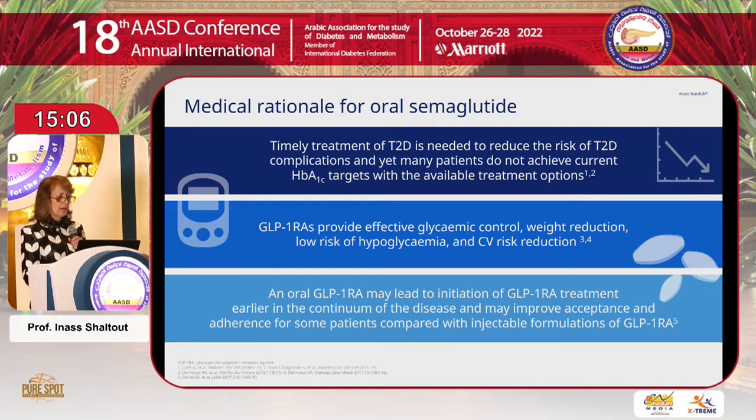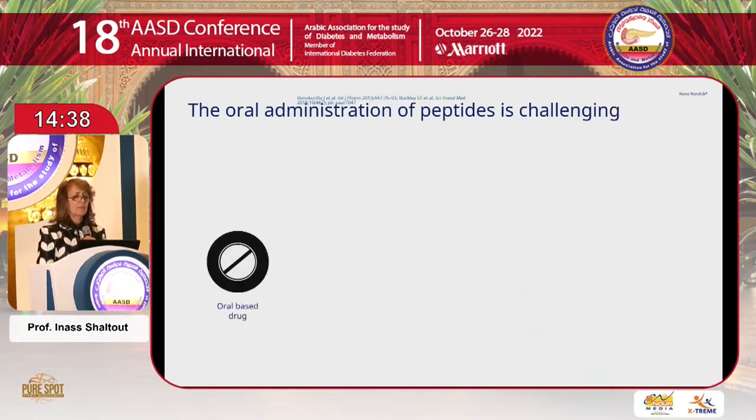GLP-1 provides effective glycemic control, weight reduction, low risk of hypoglycemia, and cardiovascular risk reduction. Oral semaglutide may lead to more initiation of GLP-1 receptor agonist treatment earlier, as patients will be comfortable with oral medications.